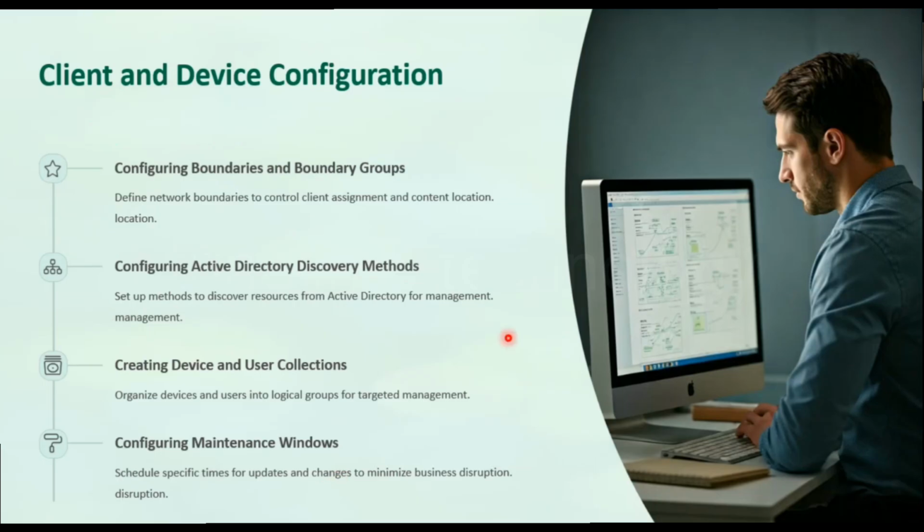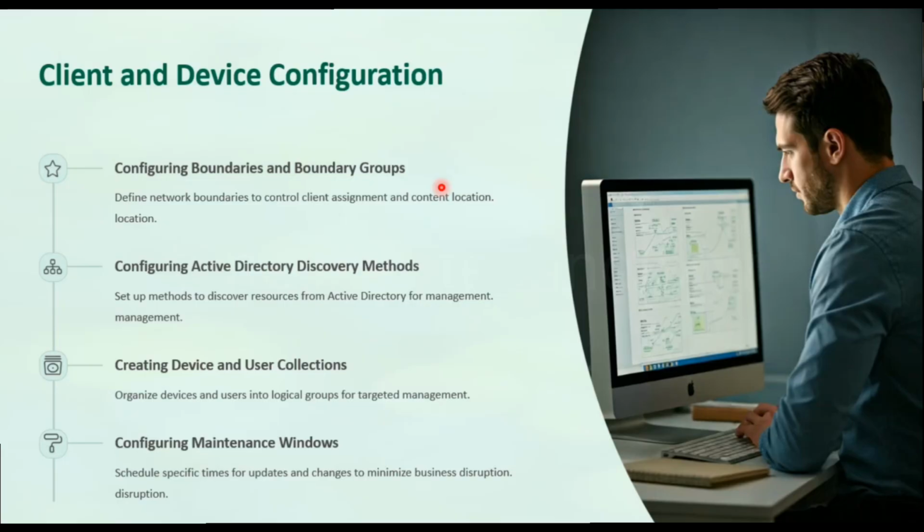Next, as I talked about in client and device configuration, we'll be talking more about boundaries and boundary groups. First of all, let me sum up the core functions that it can do. First, it can do all the software deployments, which consist of applications, updates, and operating systems.